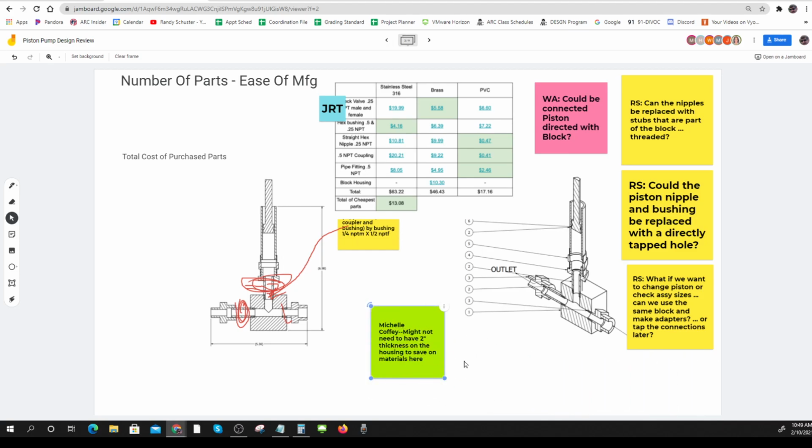If we don't have the 2-inch thickness to grab onto, and you're right, what if we made this out of a piece of plate, put a hole here and a hole here, and let's say we made that 1/2 inch.